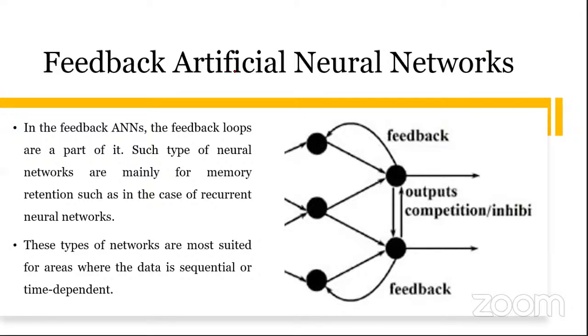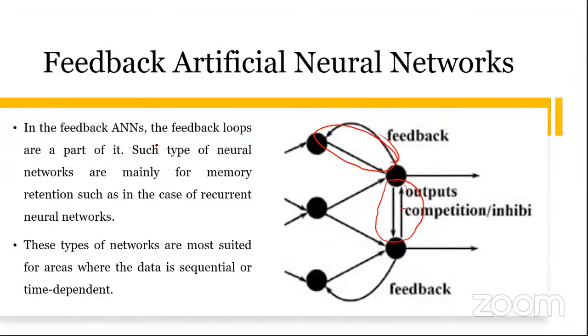Similarly, there is a different kind of network, that is the feedback artificial neural network. In a feedback artificial neural network, loops are there. Here you can see two neurons, and these neurons are exchanging information with each other. If this is one case, another case is right here. So if loops are there, then you can say such a network is known as a feedback artificial neural network.